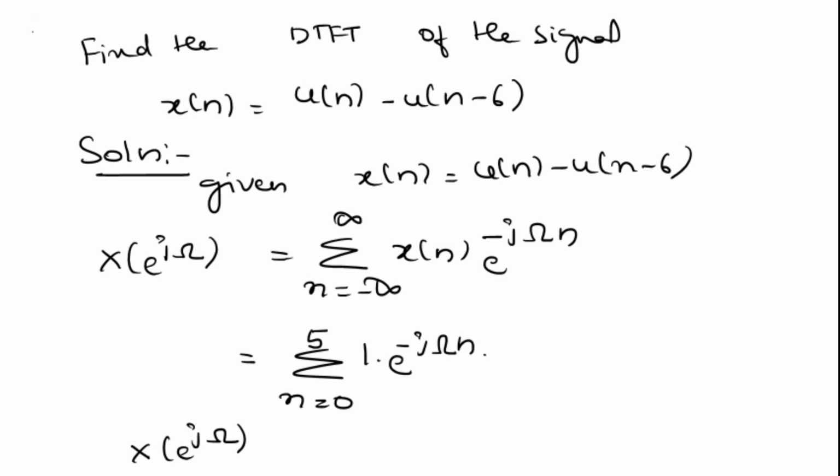After expanding the summation, we get 1 minus e power minus j 6 omega divided by 1 minus e power minus j omega.